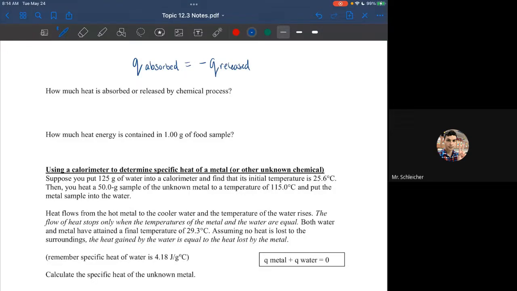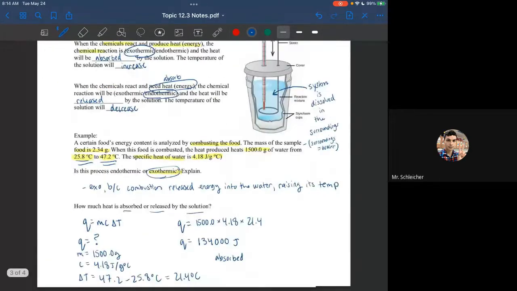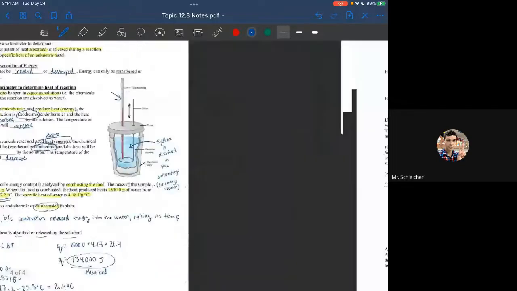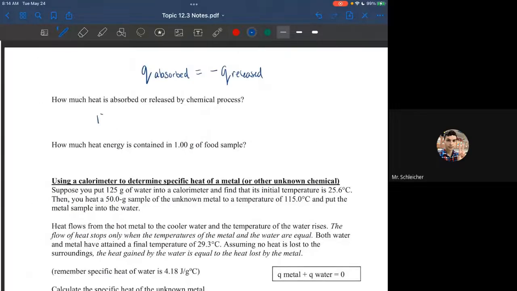Let me look at the number again really quick. The number was 134,000. So 134,000 joules were absorbed or released by the chemical process here. The solution absorbed this energy. So the chemical process inside the solution must have done what? Released this energy. So if we were to write this as a number in an equation, Q would equal negative 134,000 joules, just to show that that energy was released.